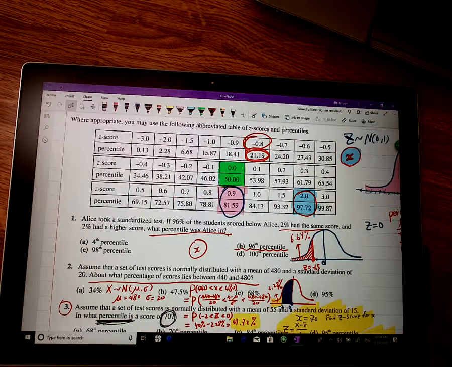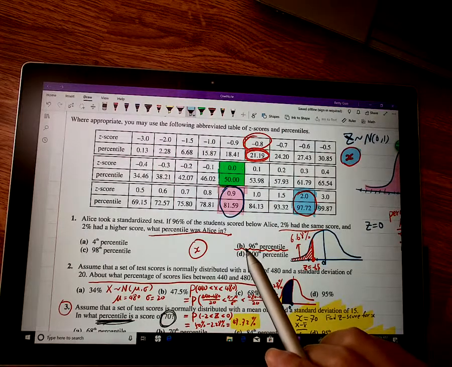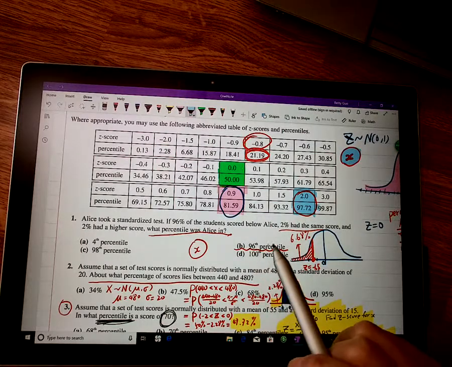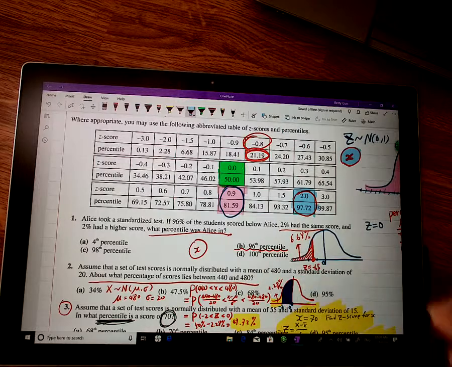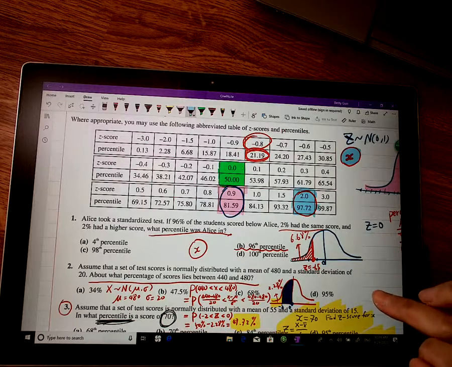Because about 96% of the students scored below Alice, Alice's score has a percentile of 96%. So we should choose B as in boy. 96%, 96th percentile. We consider how many percent of the values are below your score. That is the percentile. I think it's clear enough.